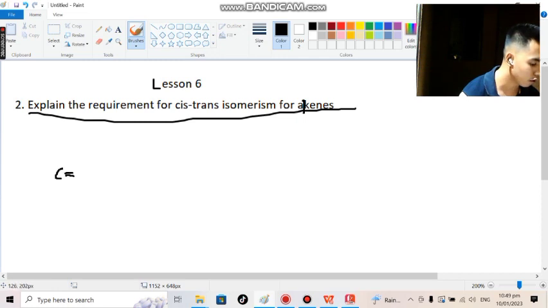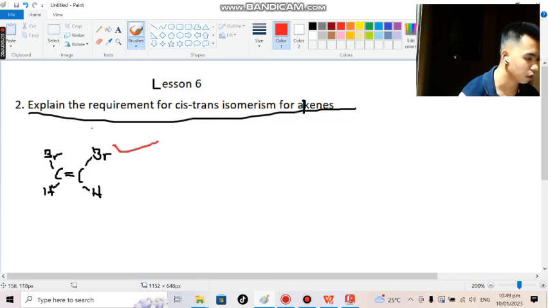So as discussed earlier, we have a Br here, or bromine, and we are going to have our hydrogen here. Hydrogen groups. This bond is possible to have cis and trans isomerism because they pass the requirement.